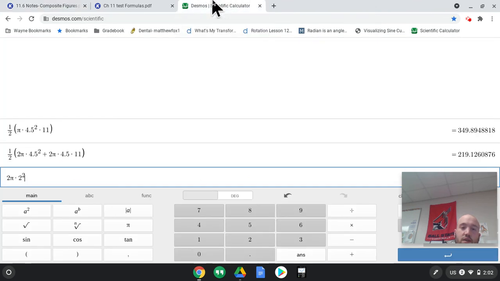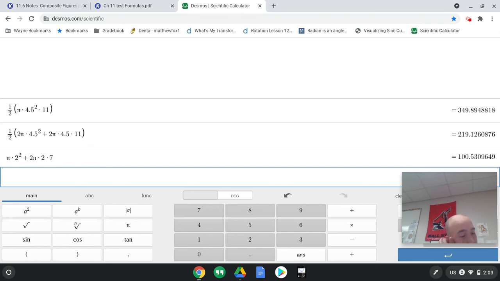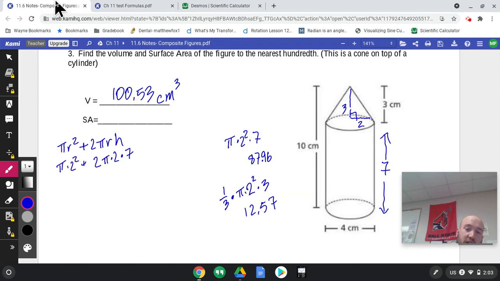So it's not going to be 2 pi. So pi times 2 squared plus 2 pi times 2 times 7. And as you can see, we get 100.53. So that takes care of your cylinder.